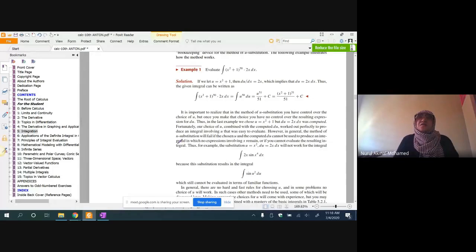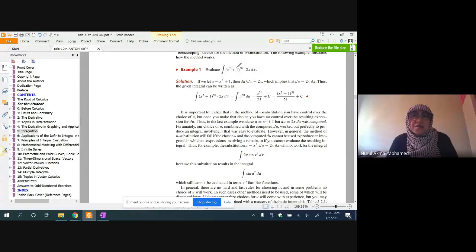Okay, so let's look at example 1. Evaluate the integration of x squared plus 1 to the power of 50 multiplied with 2x dx. If we look at here, you have quite a complicated function between the bracket. The function between the bracket is x squared plus 1.